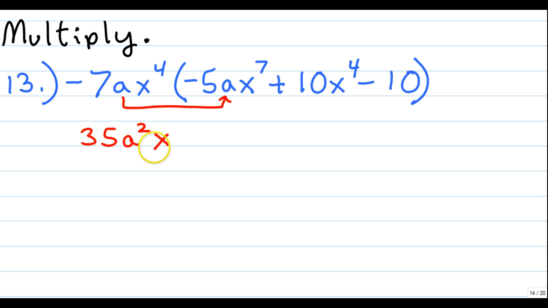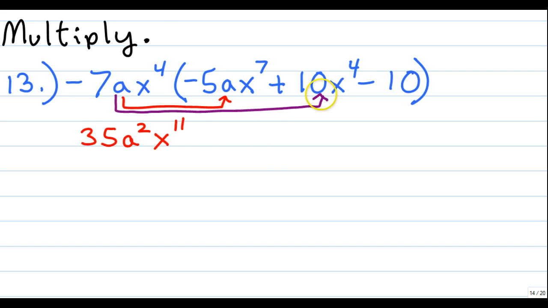Now let's take care of the x. I have an x to the 4th and an x to the 7th, so I'll add 4 plus 7 to get an 11. Next, I'm going to go ahead and move on and distribute this negative 7ax to the 4th to the second term, 10x to the 4th.